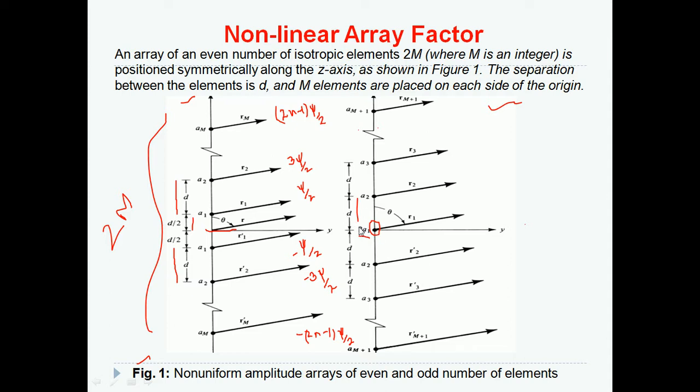Around A1, all other elements are placed symmetrically over the axis. The last element is called A M plus 1, since they are odd in number.